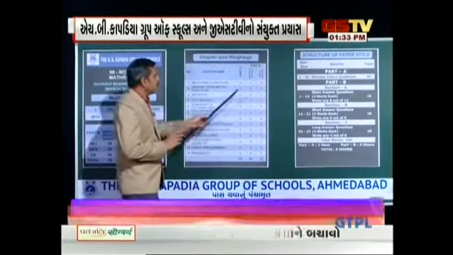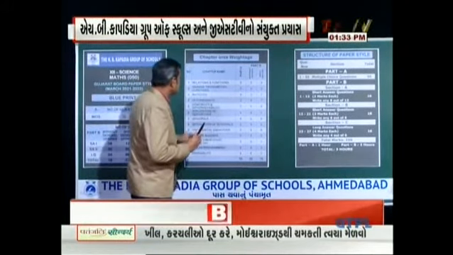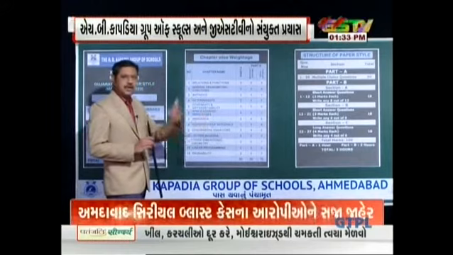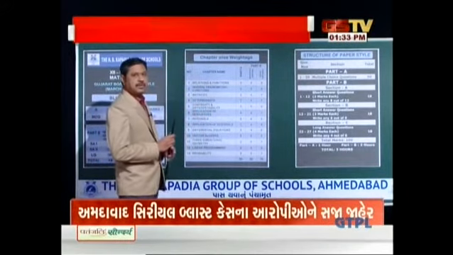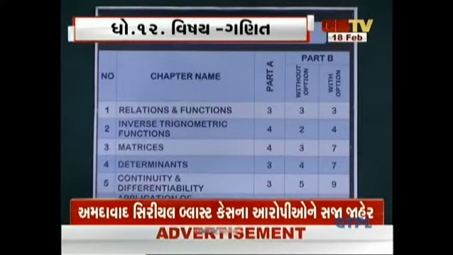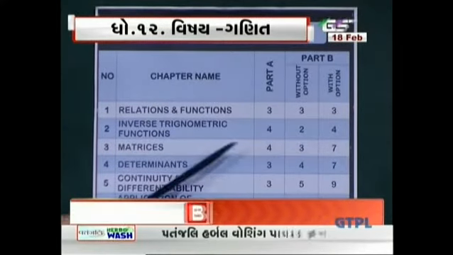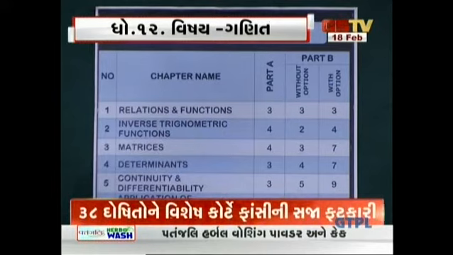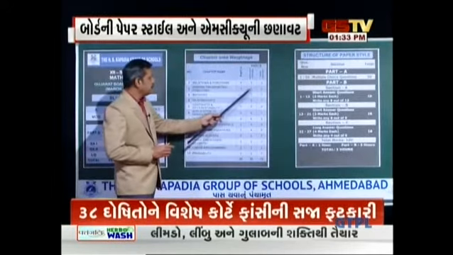Students, see here, with general option 4 marks, that means one more question is asked from chapter number 2 in Part B, the subjective part.